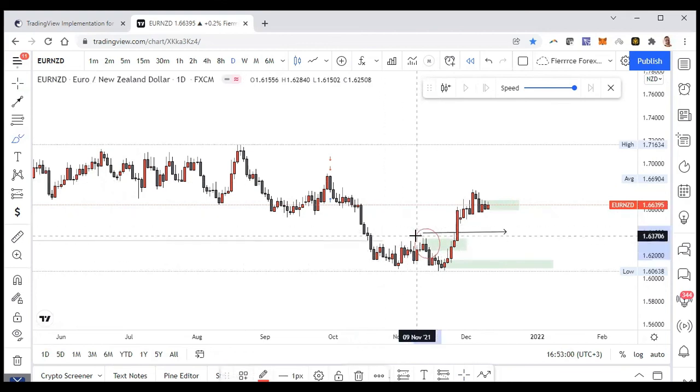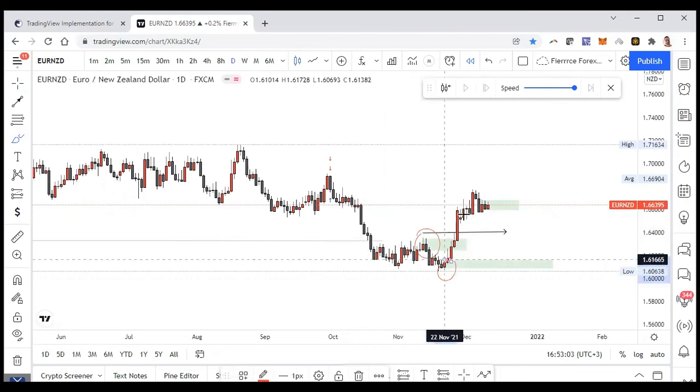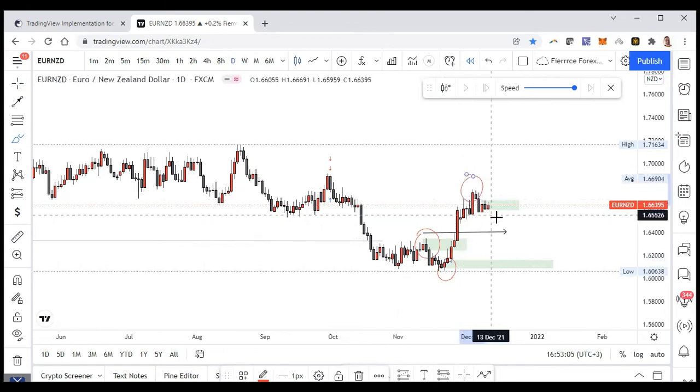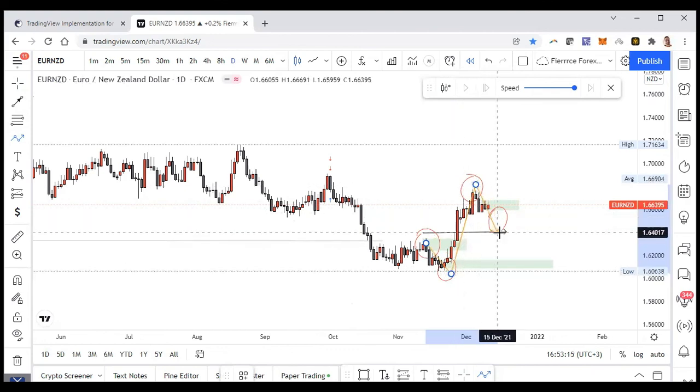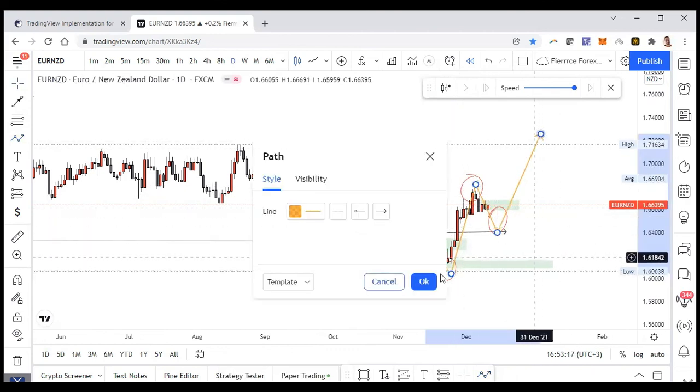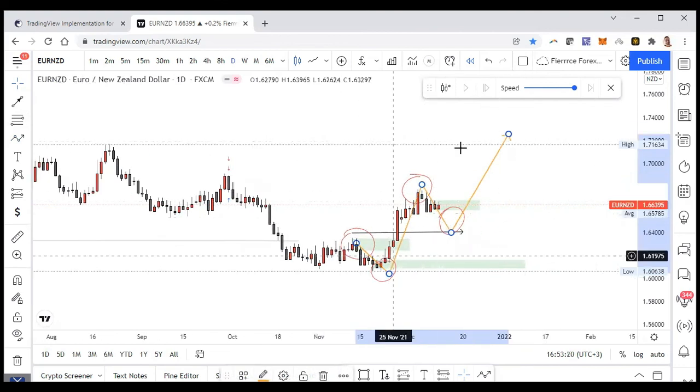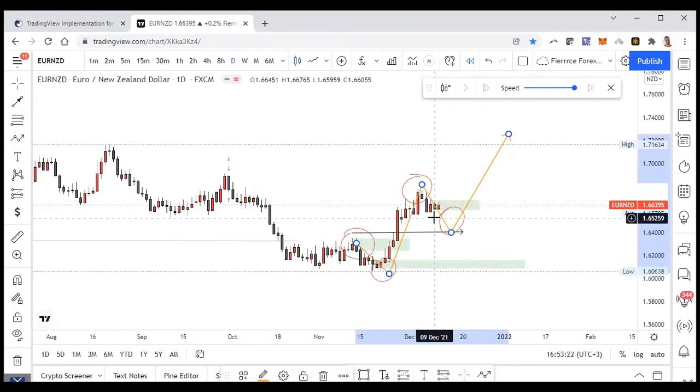This is the high, this is the low, this is the high, and possibly there'll be a low here, and that's why this move is looking very possible. Okay, so there's this, this. Okay, so whether this plays out this coming week, this is actually something that can happen.